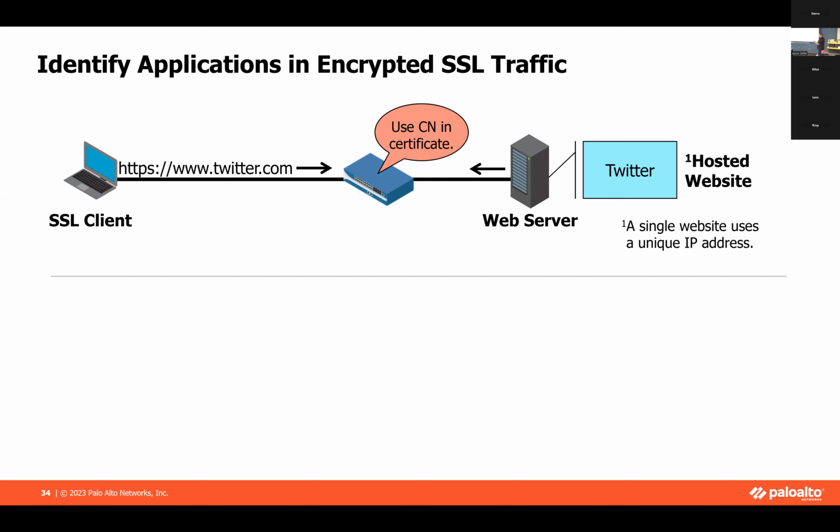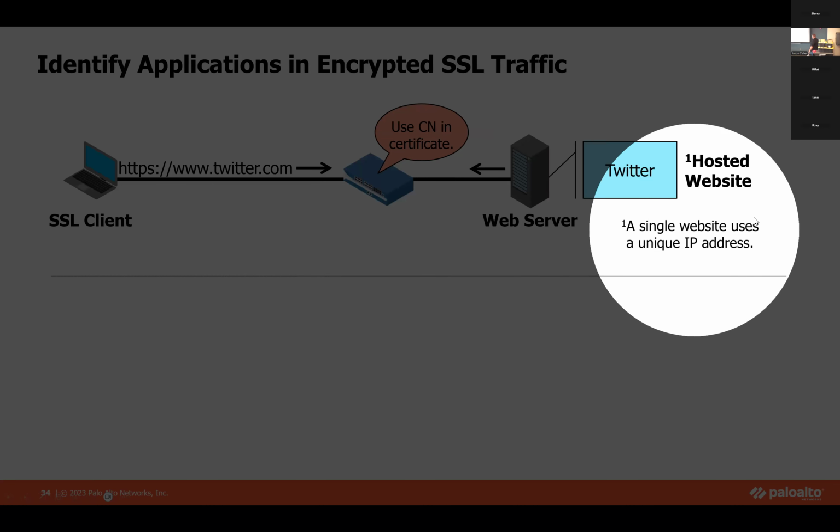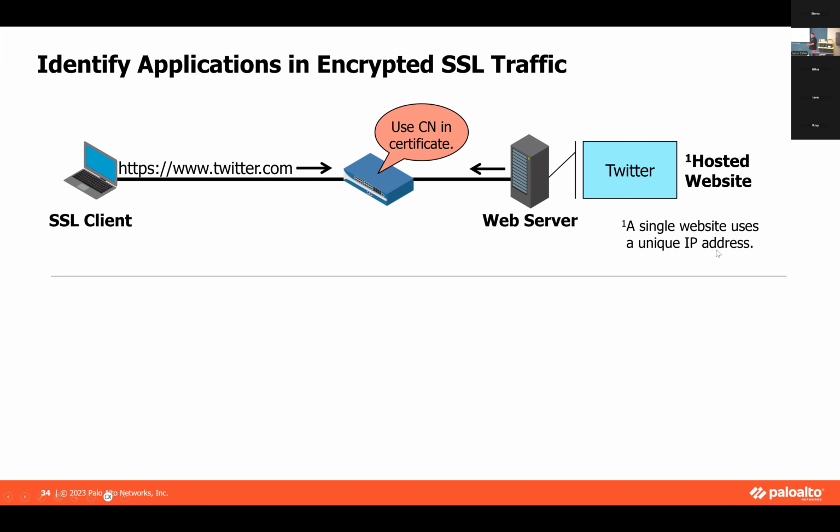And so it will mimic that in the certificate in order to figure out where that traffic's going outbound. So if it's going to twitter.com, it will then try to identify it as Twitter traffic. This only works if a single website uses a unique IP address, right? If it's hitting a load balancer or something like that, it's not really going to work very well.